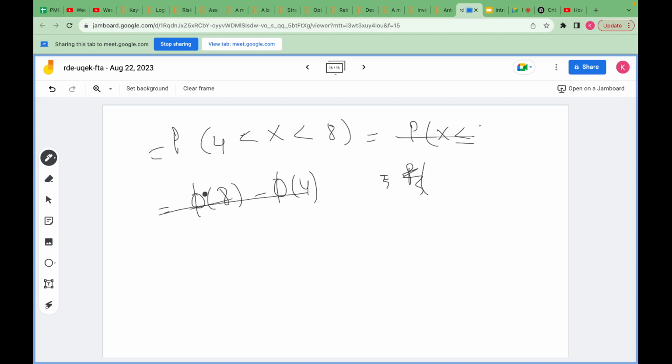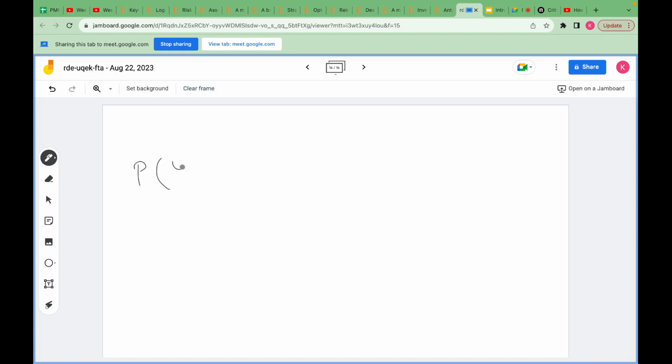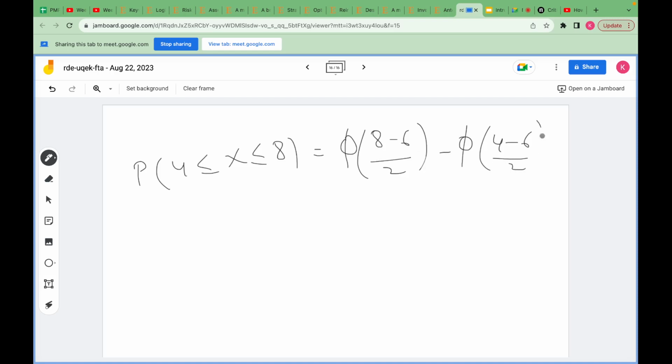Sorry, not this. This can be written as psi of (8 minus 6) by 2 minus psi of (4 minus 6) by 2. This is psi 1 minus psi minus 1.